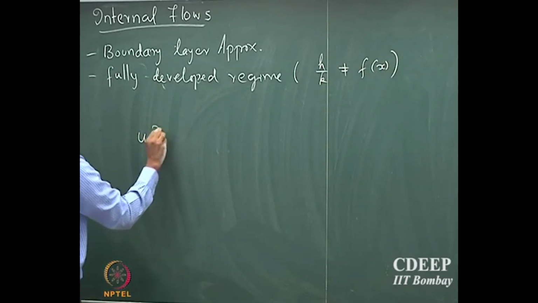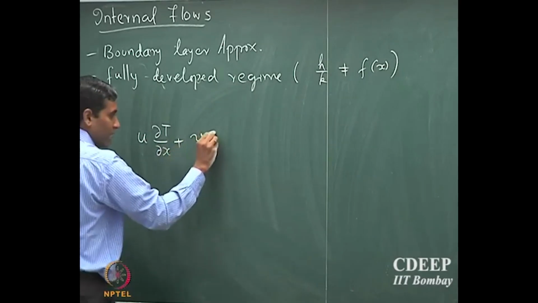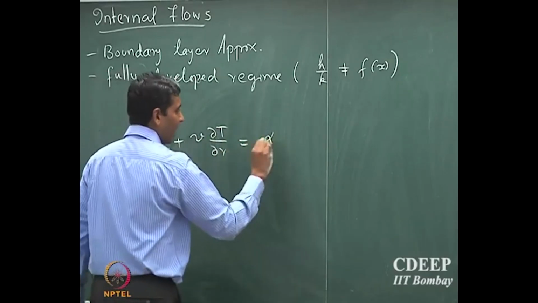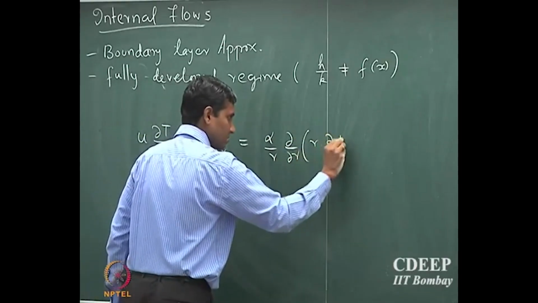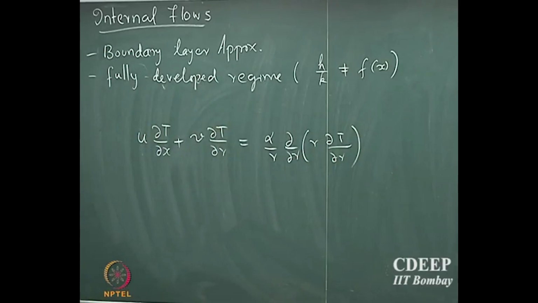The model equation for energy balance is u du by dx plus v dT by dr equal to alpha by r, after you introduce the boundary layer approximations. What is v in the fully developed regime? v is 0 because the flow is only in the x direction.